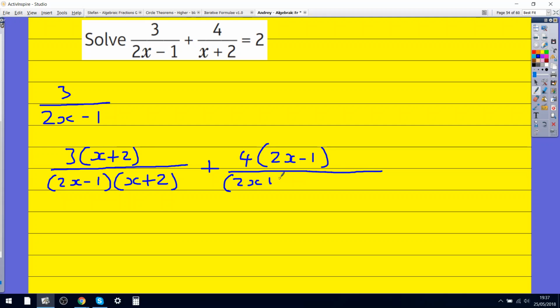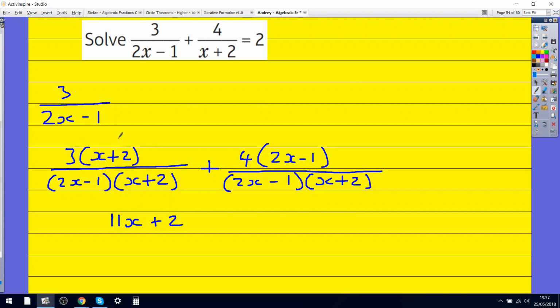And then you would add those together, and it'll come out as 11x plus 2 over.